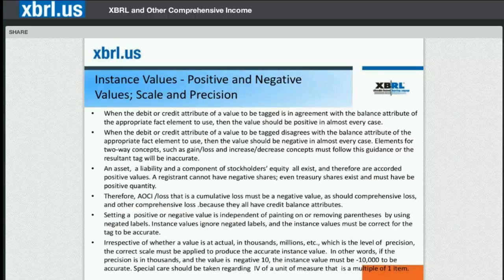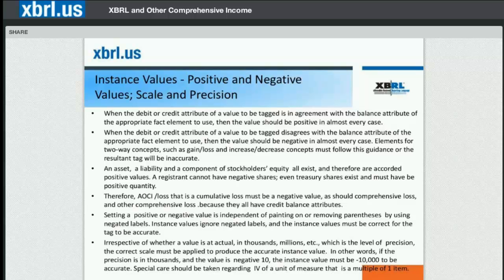Elements for two-way concepts such as gain-loss and increase-decrease concepts must follow this guidance, or the resultant tag will be inaccurate and misleading. An asset, a liability, and a component of stockholders' equity all exist and therefore are accorded positive values. A registrant simply cannot have negative shares outstanding or negative treasury stock.